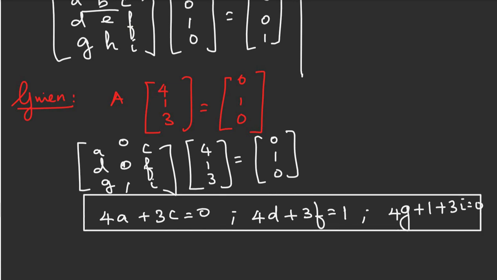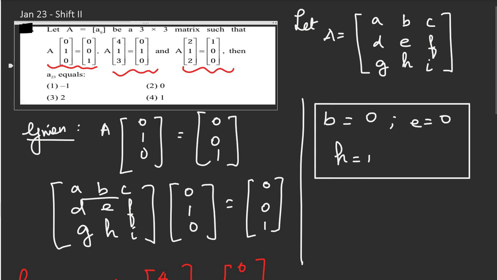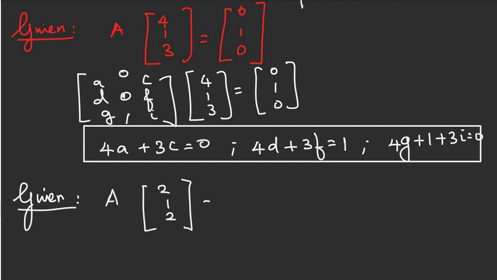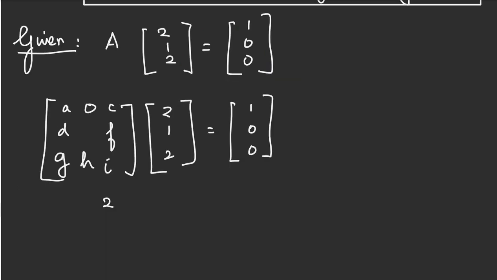Now coming to the third equation from the given question, A into another matrix is equal to [1, 0, 0]. So again we write, given A into the matrix [2, 1, 2] is equal to [1, 0, 0], with B, E and H substituted, where H is 1 here.